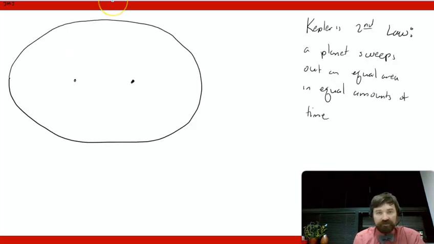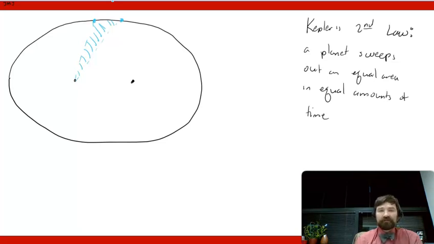So Kepler's second law is the equal area in equal time law. Basically, the way that this works is if I have the planet and it moves from here to here in some amount of time, I can draw a little dashed line from the sun to the planet at each of those, and this right here would represent the area swept out.